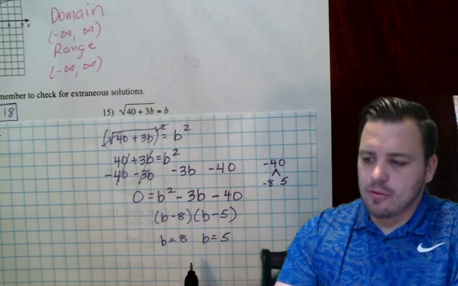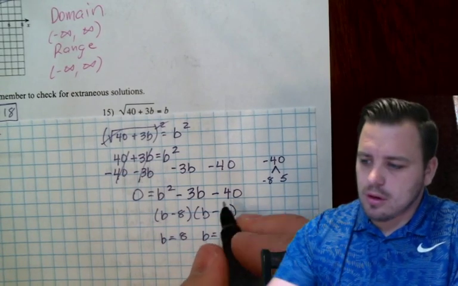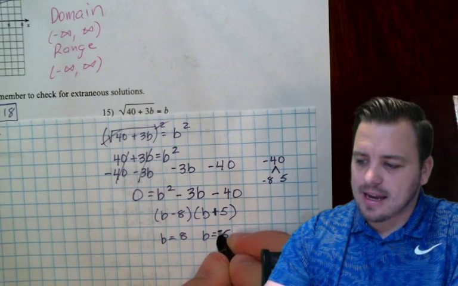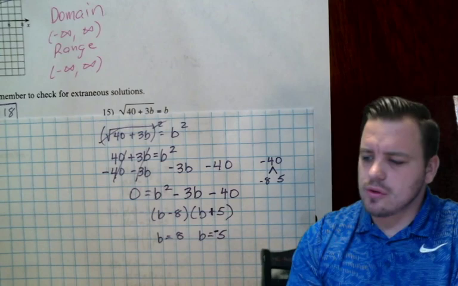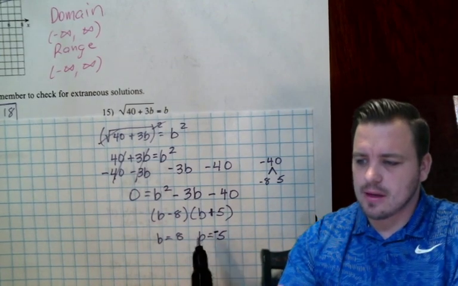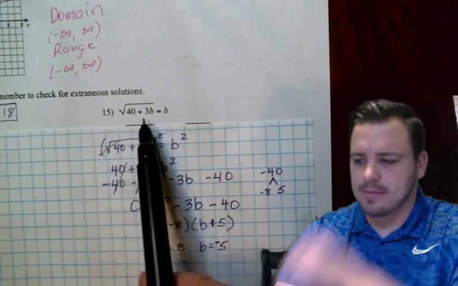Oh, yeah, thank you. So that would be b is negative 5. Very good. So if you were to look at this right here, you would ask yourself, plug it back in.